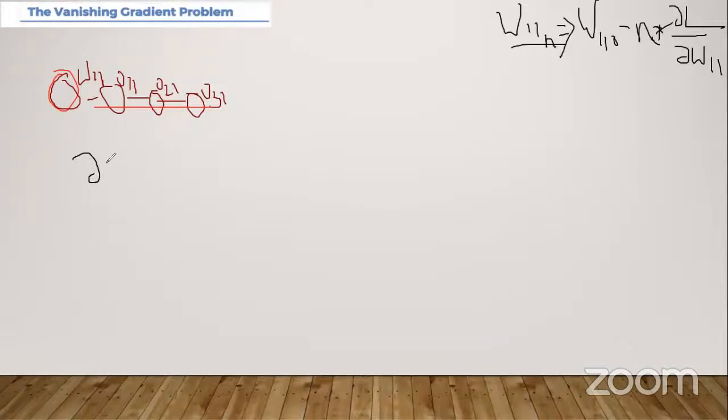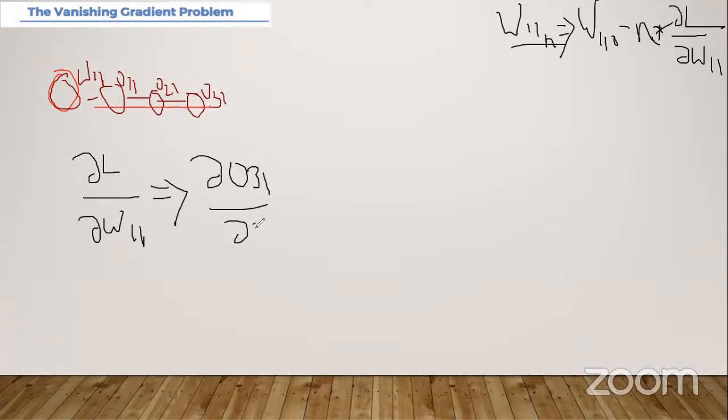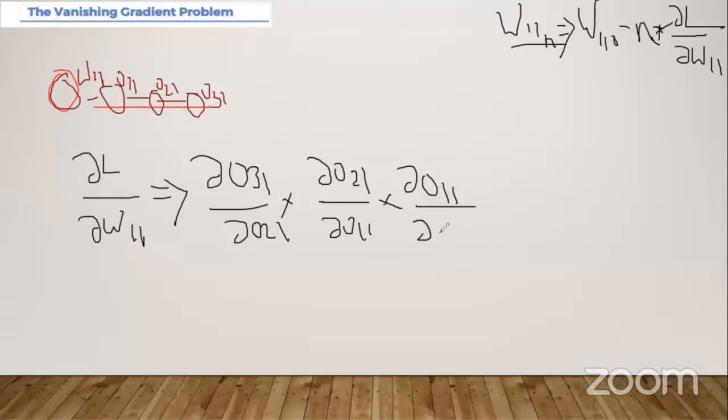When I try to calculate this derivative dL by dW11, the same thing can be written as dL by dO31 multiplied by dO31 by dO21, multiplied by dO21 by dO11, multiplied by dO11 by dW11. Now this part is clear, I guess, right?